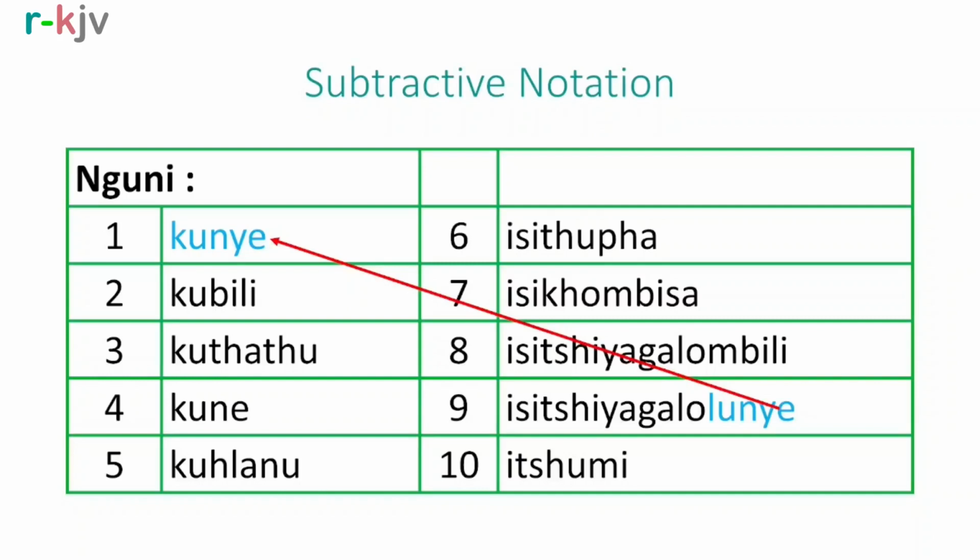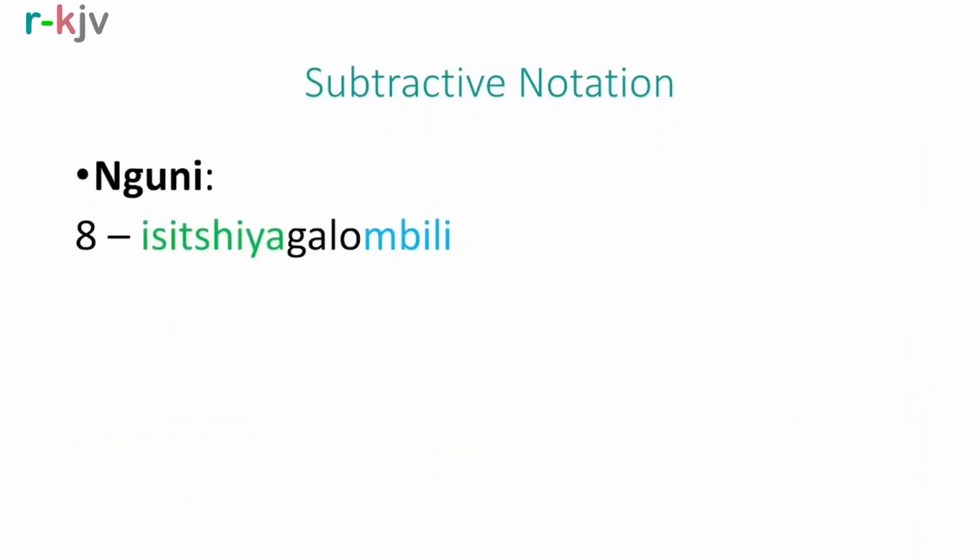Let us take a look at the meanings of these words. The number word for 8 is built from 3 words: isitshiya, galu, and mbili. Isitshiya can be translated to the phrase that which leaves out.